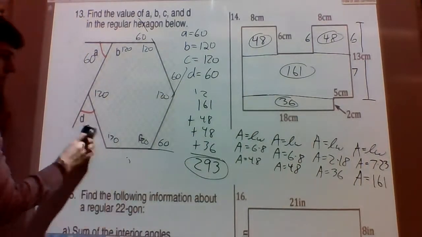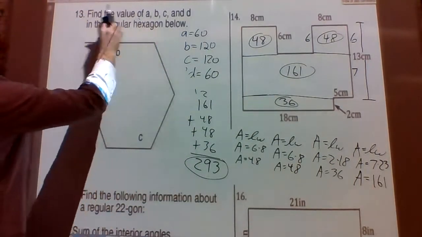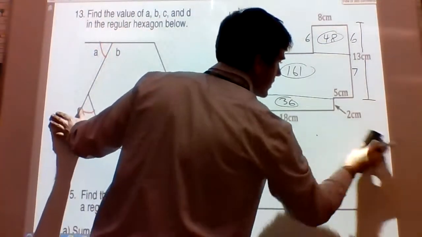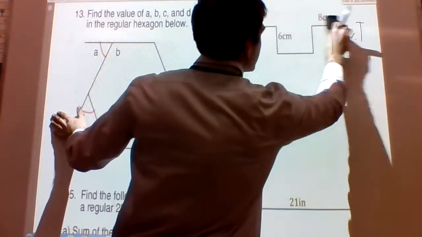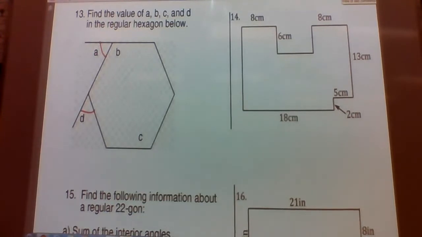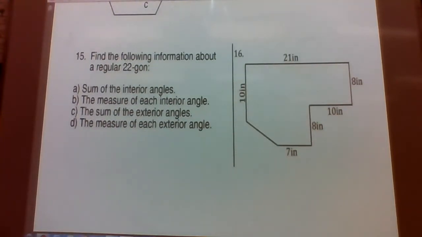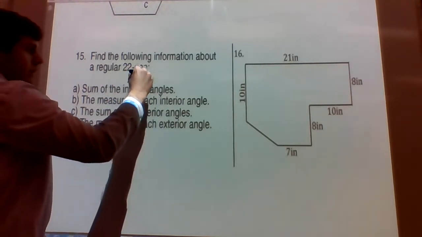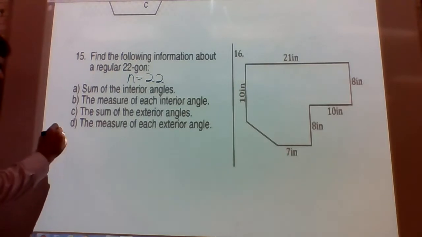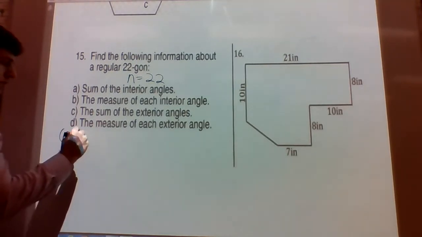Okay, then the last two we have are 15 and 16. Find the following information for a regular 22-gon. A 22-gon has 22 sides and 22 angles, so n equals 22. The sum of the interior angles of a 22-gon, or any polygon, is equal to n minus 2 times 180.